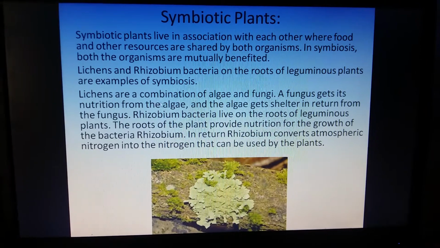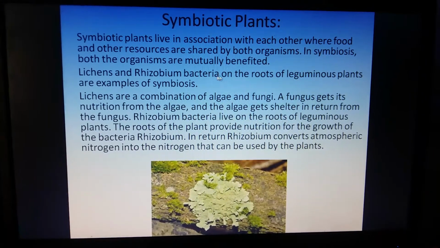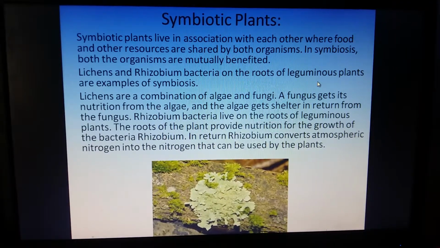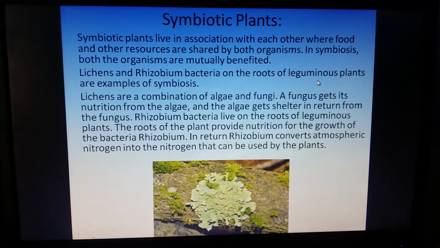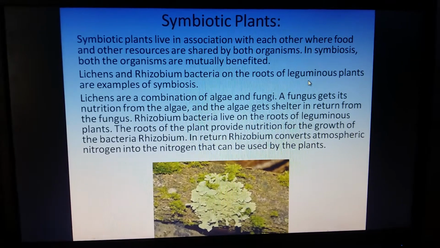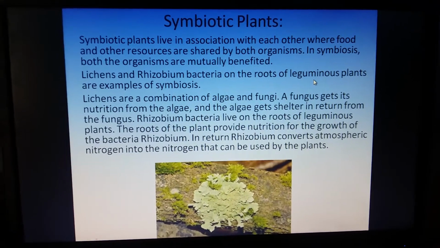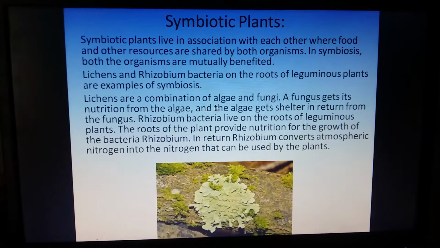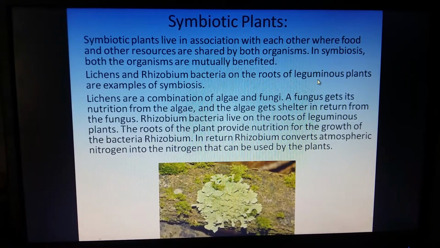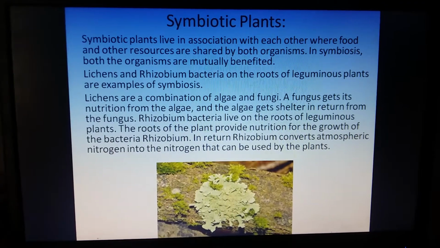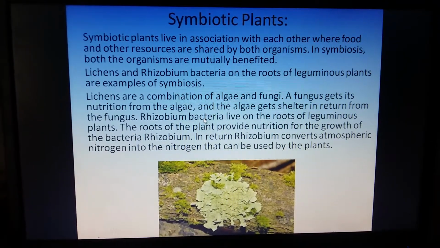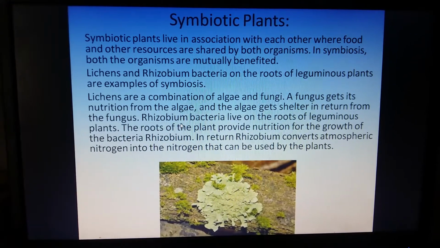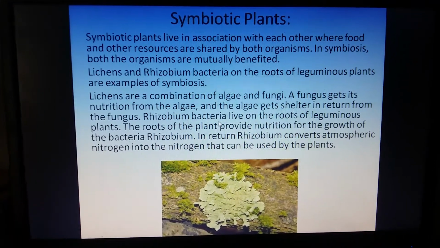In the same way, another example is Rhizobium bacteria, found on the roots of leguminous plants. If you have ever seen leguminous plants, such as the peanut or groundnut plant, or tur dal plant, if you notice their roots, they will have nodules, and in these nodules lies Rhizobium bacteria.